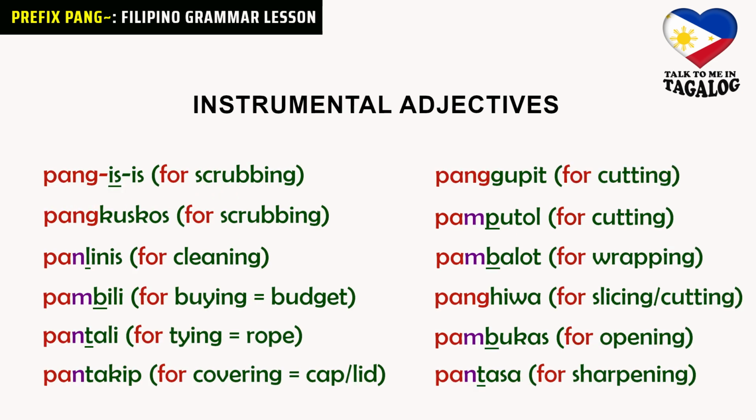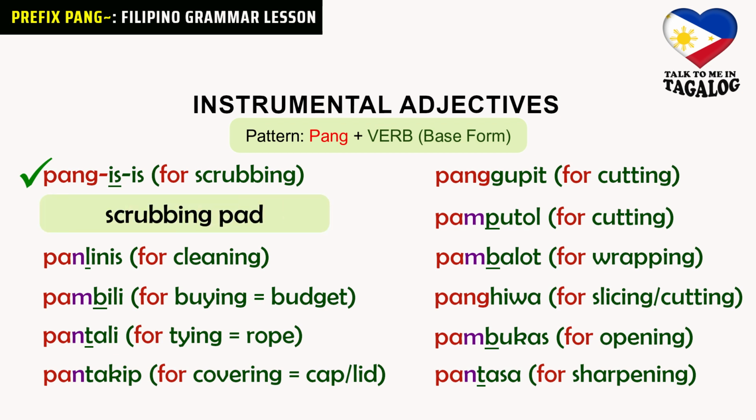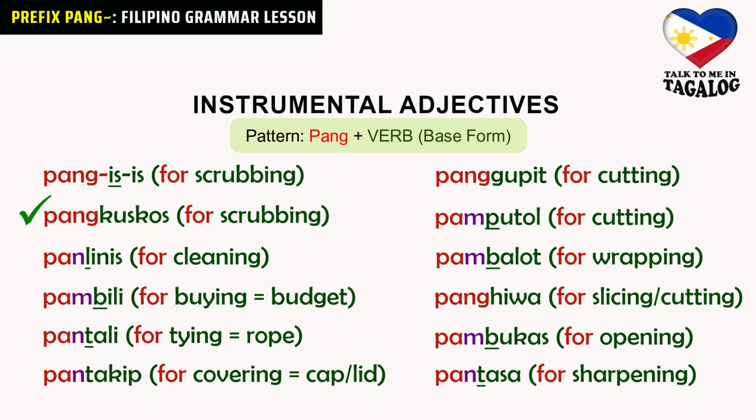Here are other examples of instrumental adjectives that you will often hear in daily conversations. Pang-is-is, meaning for scrubbing or scrubbing pad. Pangkuskus, it also means for scrubbing. Panlinis, for cleaning.